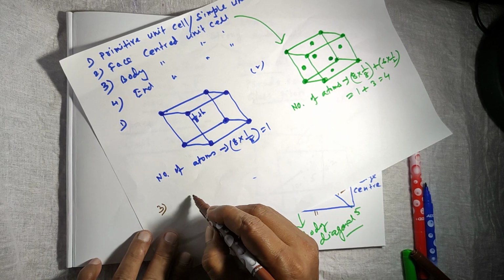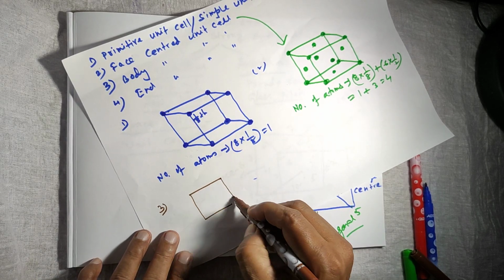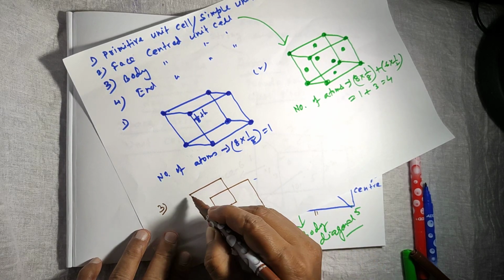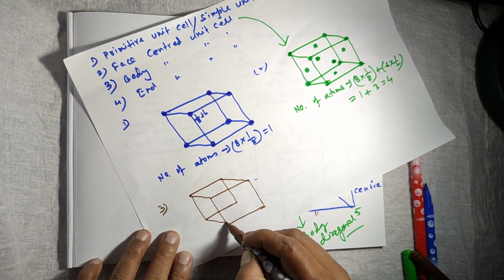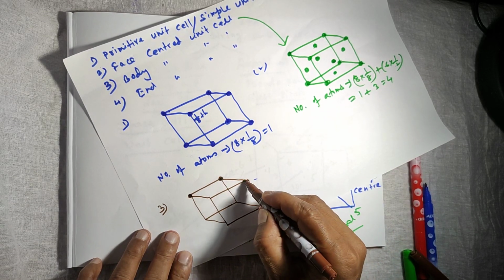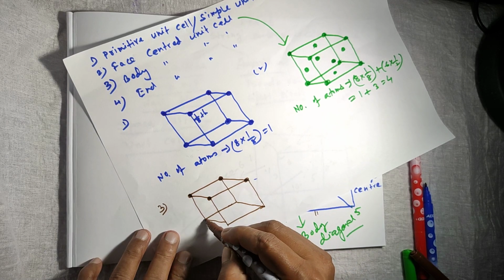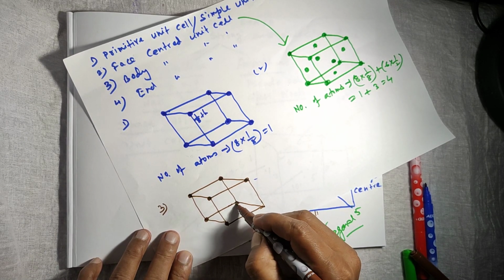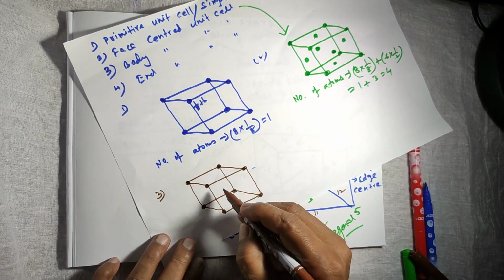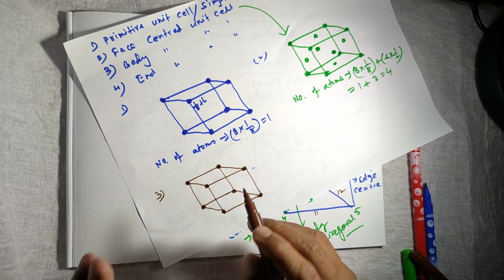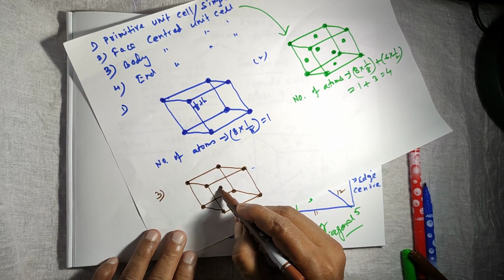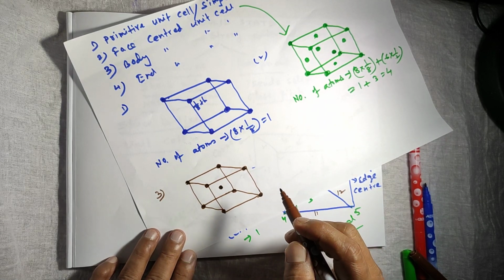Number 3, body centered unit cell. In a body centered unit cell, corners contain atoms, same as the simple or primitive unit cell, and inside the body, at the center of the body, there will be an atom.